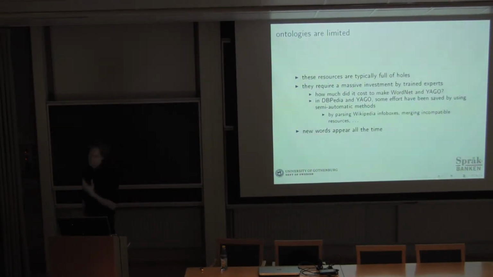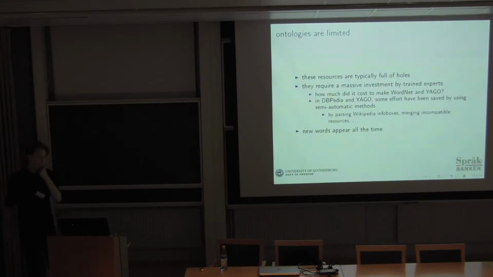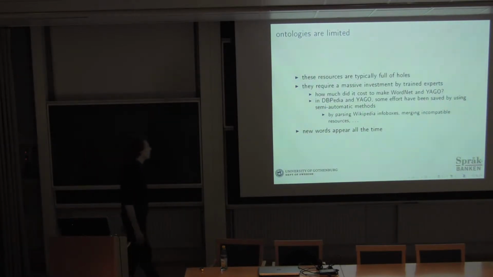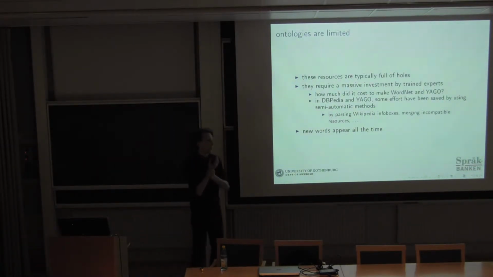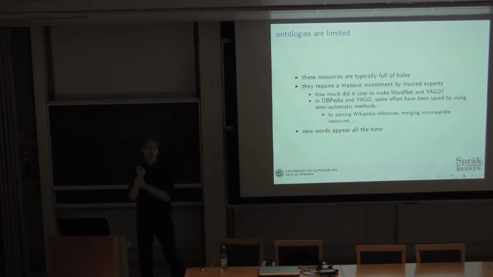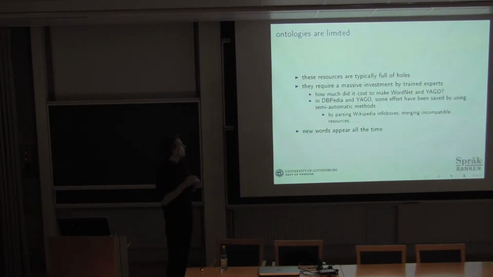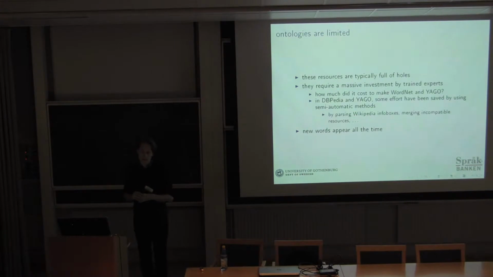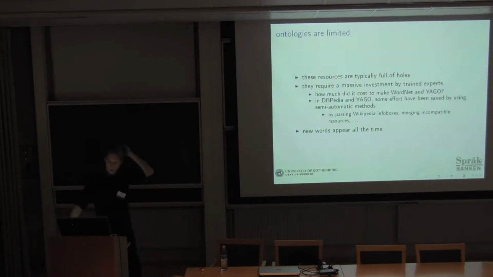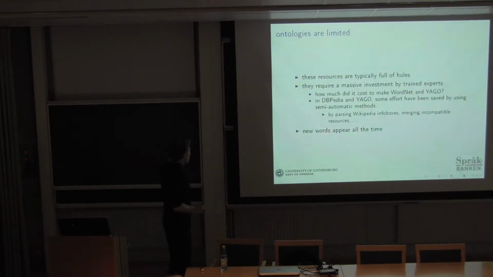But here's the catch: these resources are very limited. If you imagine the effort of building such a thing by hand, it will of course take a lot of time. DBpedia and YAGO have saved time by using semi-automatic methods, for instance by parsing the Wikipedia info boxes.